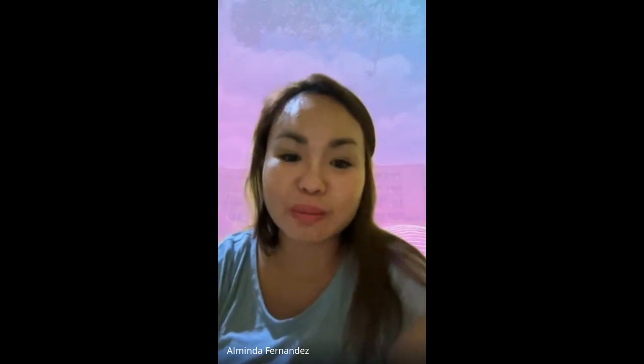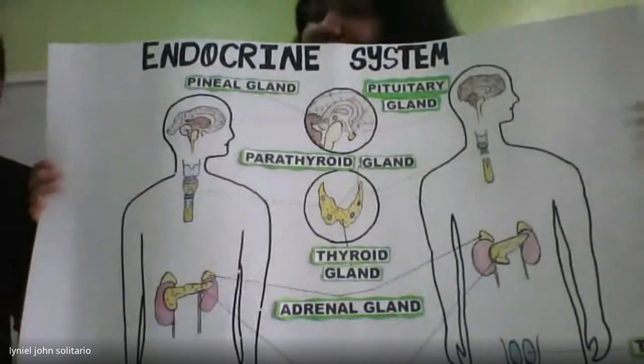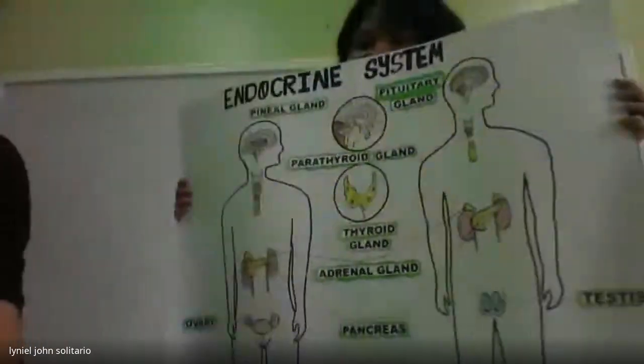Thank you, Niklia. The endocrine glands are very important because they produce our hormones, especially for our reproduction. And it is also why we are thin or fat, because of the hormones from the thyroid gland. Thank you, Niklia.